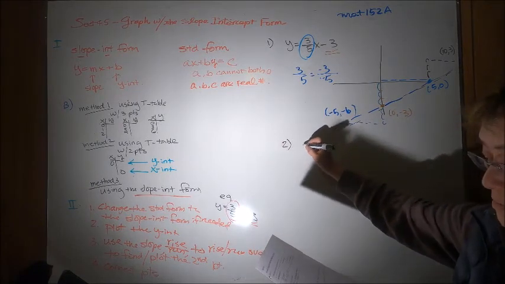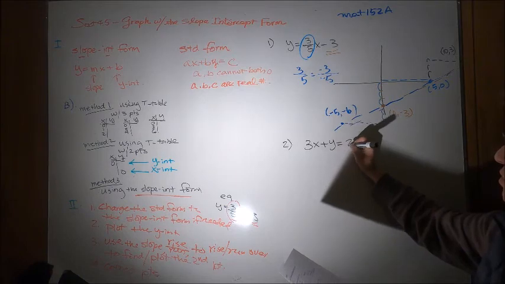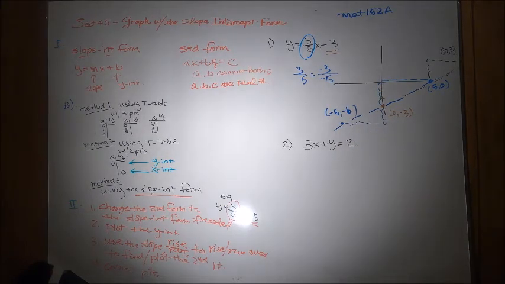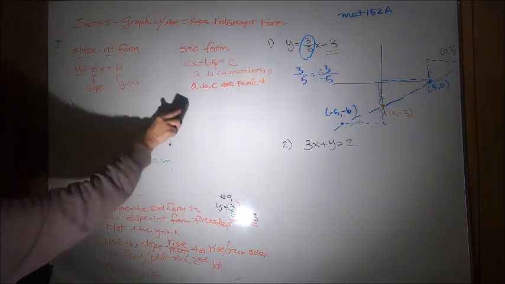Next one is what? 3x plus y equals 2. So, do we have a slope-intercept form? What kind of form is that? A standard form, right? If it's a standard form, you cannot do it.